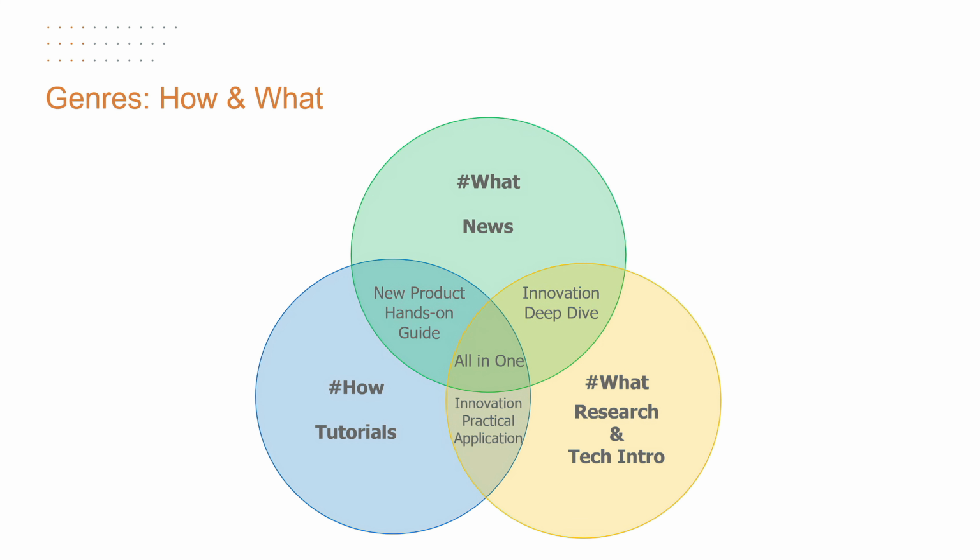So, for example, a tutorial might include some news, or a tech intro could be blended into a how-to guide. Think of these styles as tools in your toolkit. So start with one, then experiment by mixing in bits from others. Flexibility is the key. Now let's look at each type with some examples.